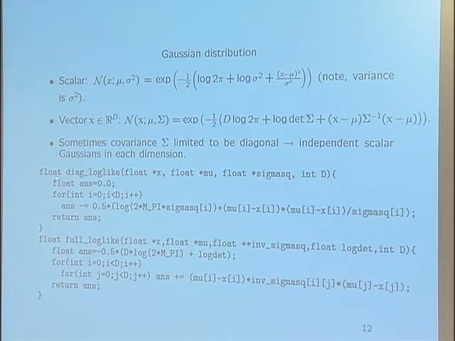So this is how you would compute this function for a diagonal one. And this is how you compute it for a full one. In the full case, because it's sigma inverse that appears here, you would normally store the variance matrix as an inverse matrix, because otherwise you have to invert it each time. So I'm assuming that it's stored that way.